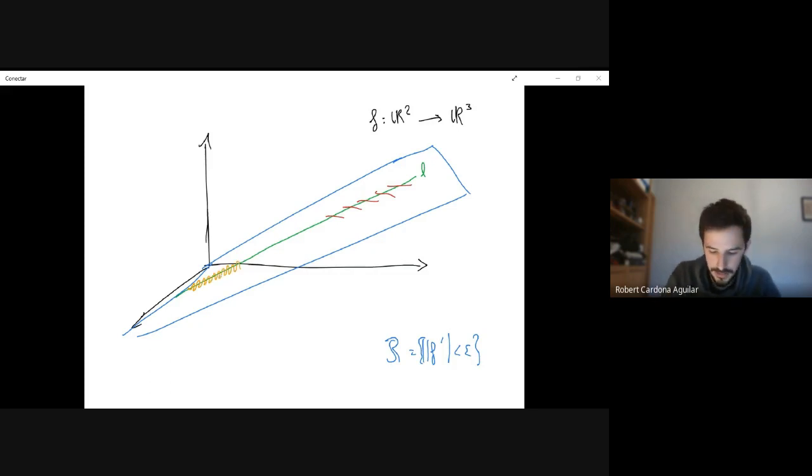This line is C0 close to L, but not C1 close because the derivative gets very high. Basically the line is almost flat all the time, so the tangent space is almost 0, if you want.